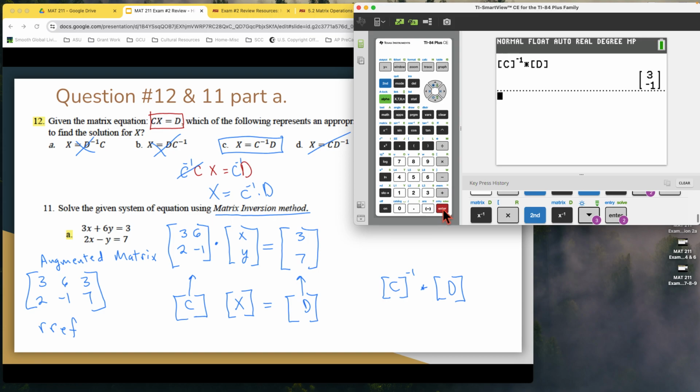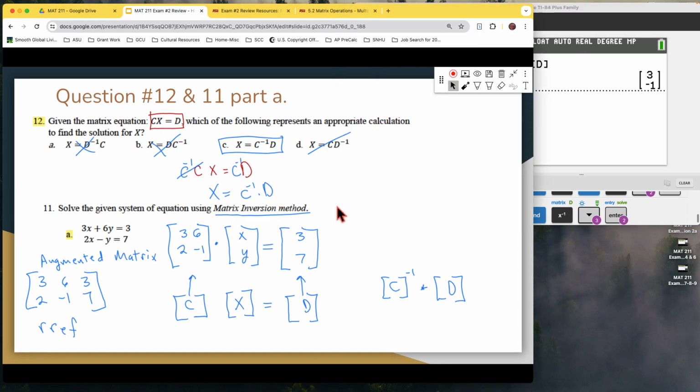And then it gives us this answer, 3, -1. So we have solved the system, and looking at this, 3 is the x, and y is -1. So we could list 3, -1 as our solution, box it in.